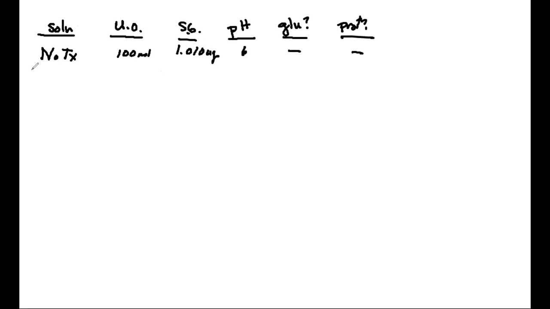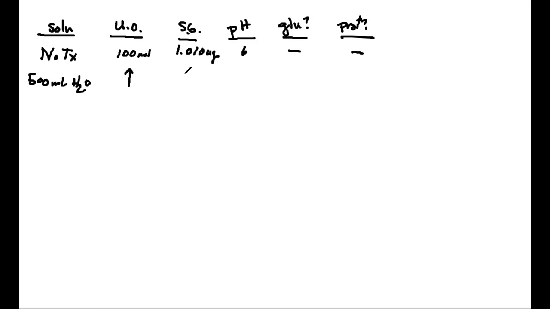What if someone drank 500 mils of water? So they drank 500 mils of water. Let's say they're already hydrated. What would happen to urine output? Urine output would increase, okay, because they're already hydrated, so they are dumping water in the urine.